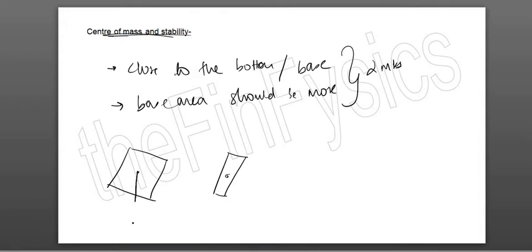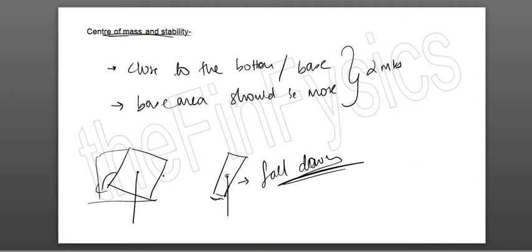You have to draw a perpendicular from the center and see if this line moves outside the base area, then the object will fall down. If it is within the base area, then it will come back, or it will not fall. So this comes for 1 mark in MCQ. Are we clear? Very important in determining the stability of the object.